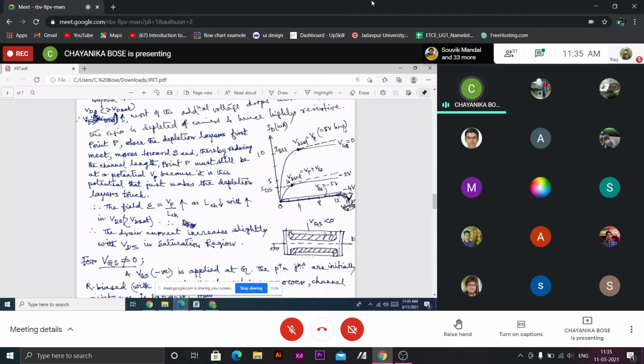So we can control the current of the constant current source by controlling the base current, because a BJT works depending on the injection of carriers. So that depends on the current. So BJT is a constant current source, but it is a current controlled current source, and FET is a voltage controlled current source.